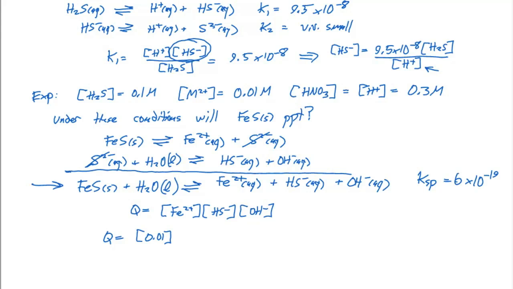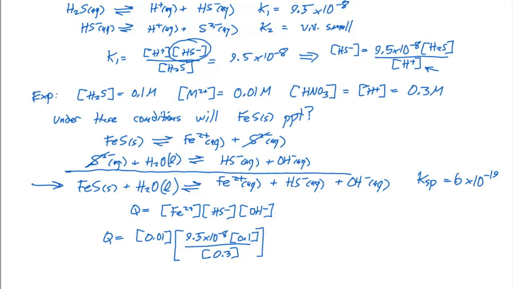The HS minus concentration is going to be 9.5 times 10 to the minus 8 times the concentration of H2S, which in this case is 0.1, divided by the H plus concentration. In this case, we're using 0.3 molar nitric acid. Nitric acid is a strong acid, so this is going to be 0.3 molar for the concentration of our H plus.